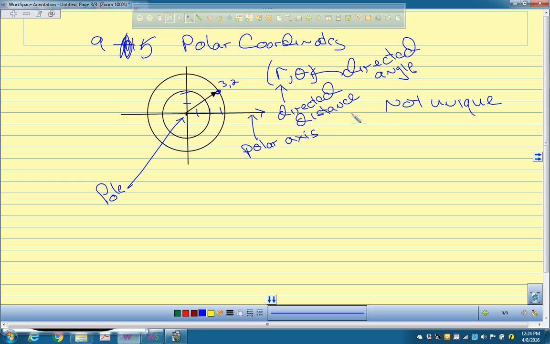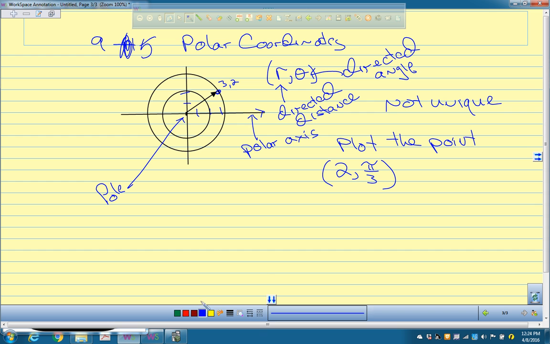So for example, plot the point (2, pi/3) in polar form.